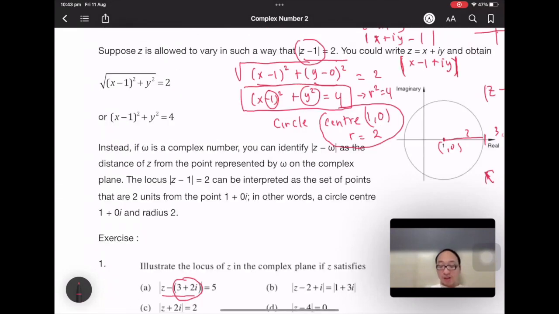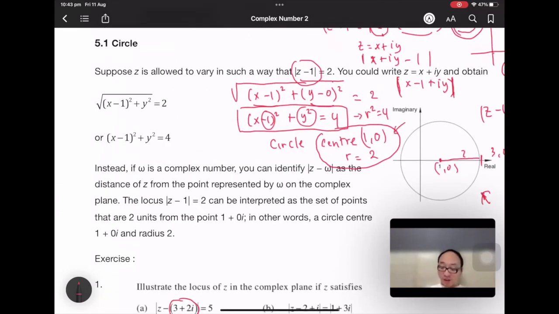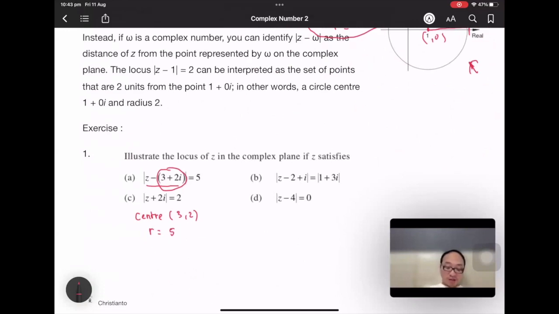You can see from here, the center 1, 0 is taken from 1 plus 0i, and the radius is this one. So the same here, this is the center, and the radius will be 5. So you can draw it: 1, 2, 3, 1, 2. And the radius will be 5, like this.